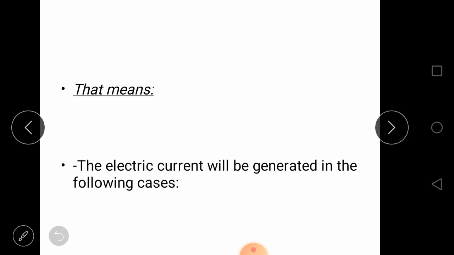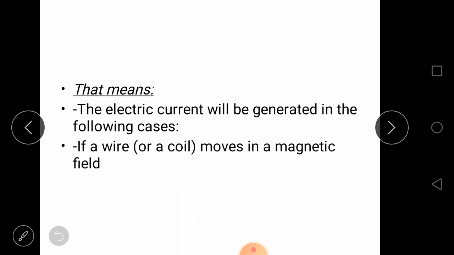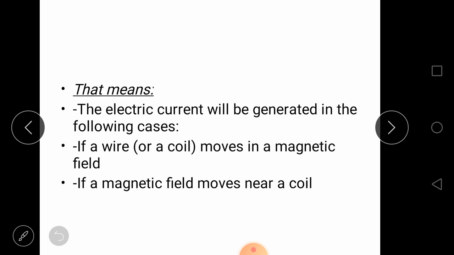That means the electric current will be generated in the following cases: if the wire moves in a magnetic field, or if a magnetic field moves near a coil. Nothing happens when both of them are stable. If neither of them moves, no electric current will be generated.